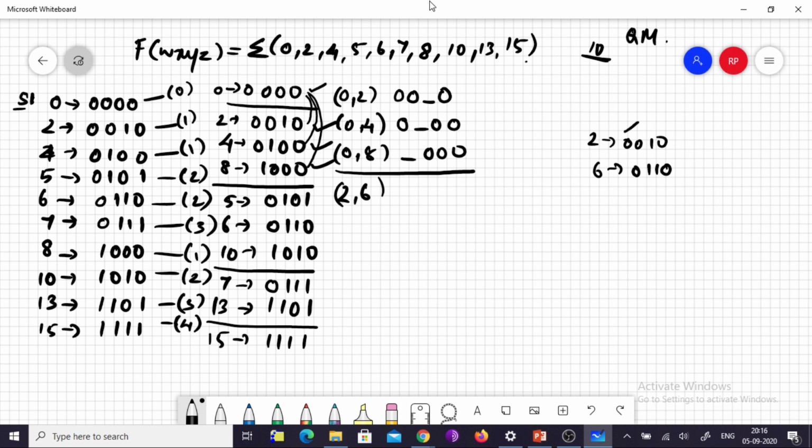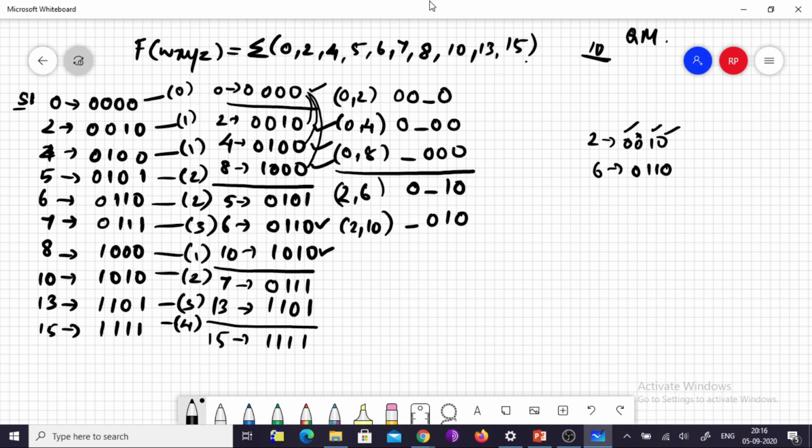In this, the first bit is same, second bit is changed, third and fourth bits are same. So this can form a proper group, but the final outcome is 0, dash, 1, 0. I will just mark 6. Now 2 and 10 can also be a proper group, because 2 and 10 will give me dash, 0, 1, 0. I will mark 10 also.